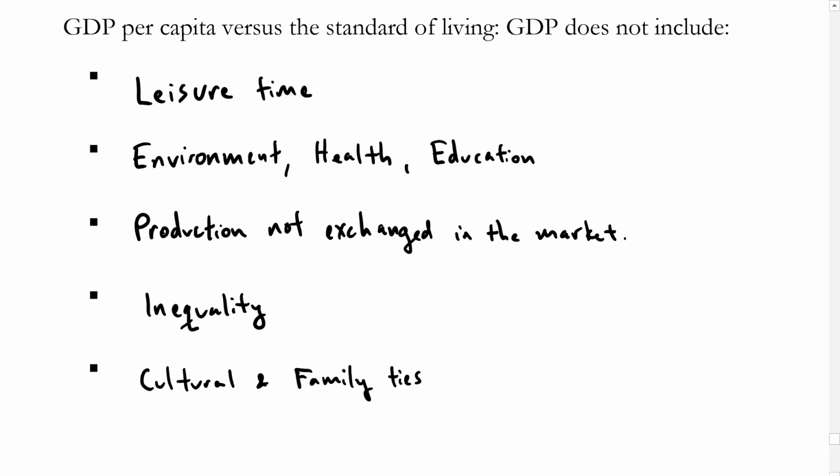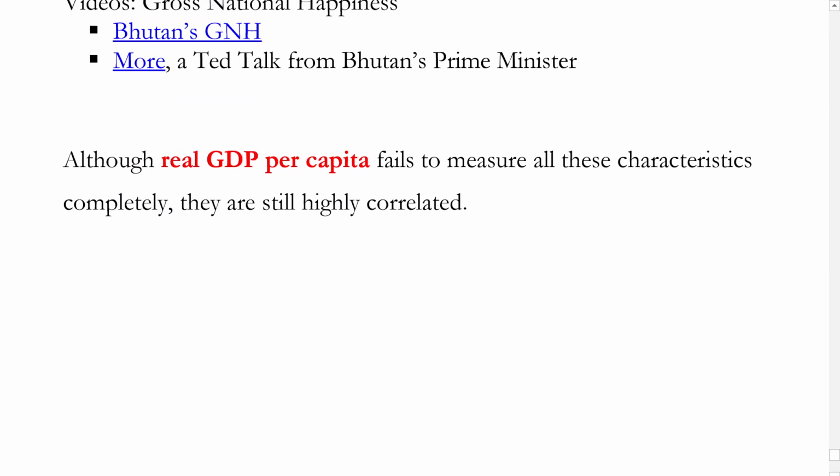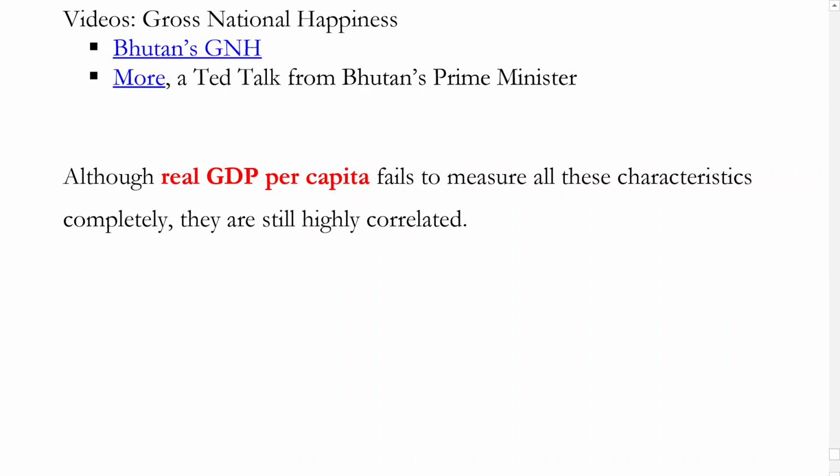that we're able to collect GDP data. And although real GDP per capita doesn't measure all of these things, they are still very highly correlated. So richer countries, as measured by real GDP per capita, richer countries have better educational outcomes, better health outcomes, better literacy rates, higher life expectancies, more leisure, so on and so forth.